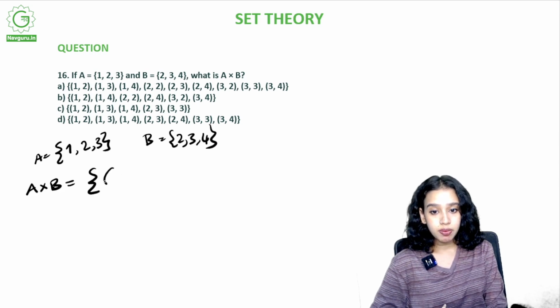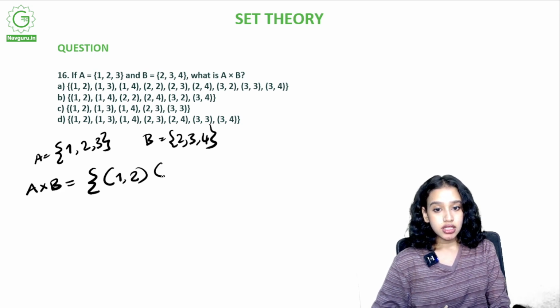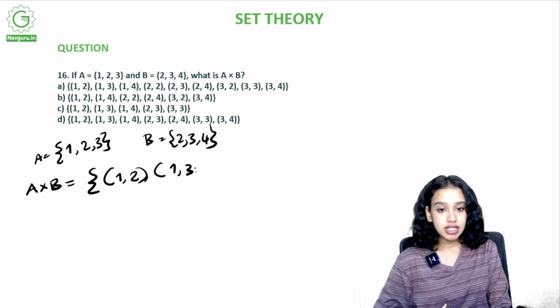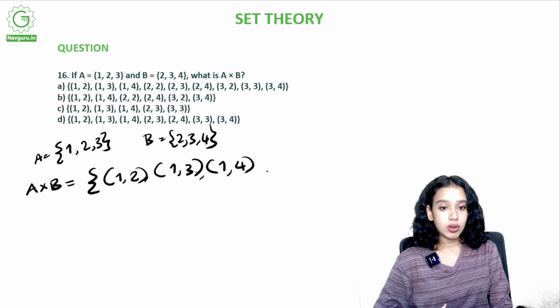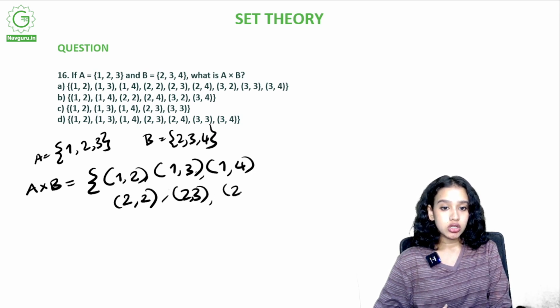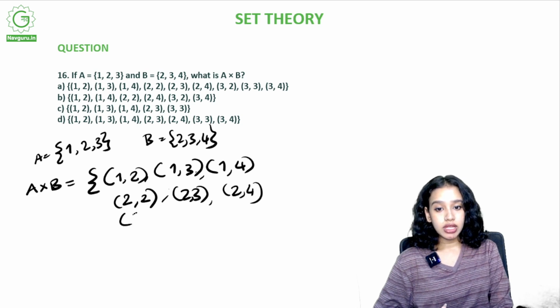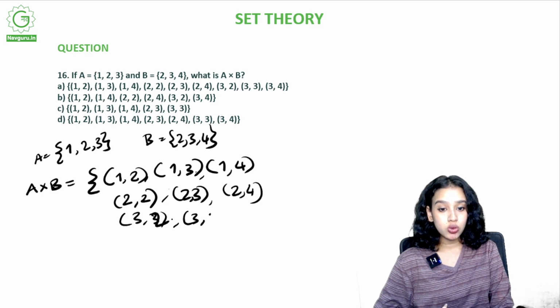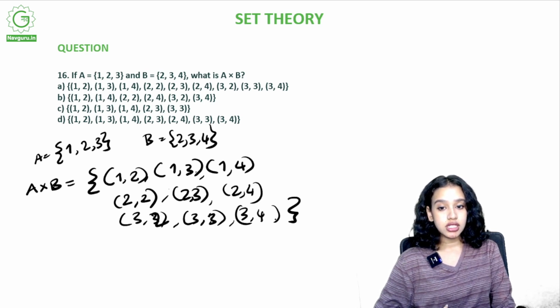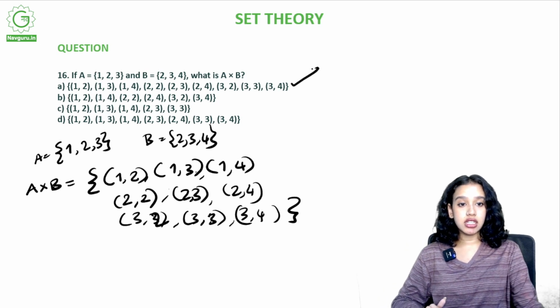We have ordered pairs (1, 2), (1, 3), (1, 4), then (2, 2), (2, 3), (2, 4), then (3, 2), (3, 3) and (3, 4). So this is the set A cross B and this is the answer for it.